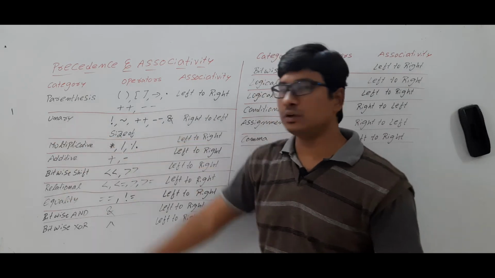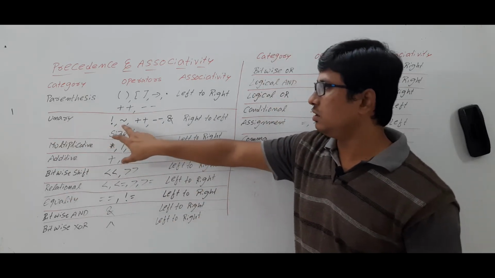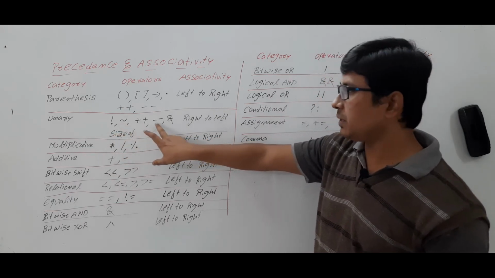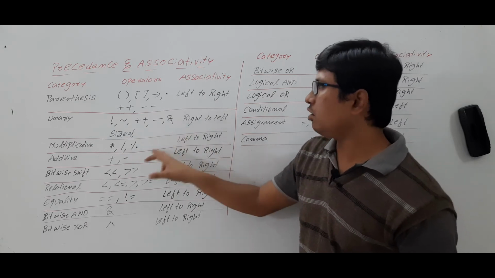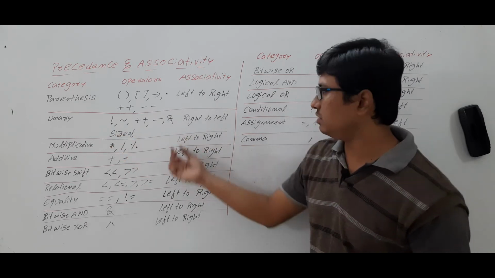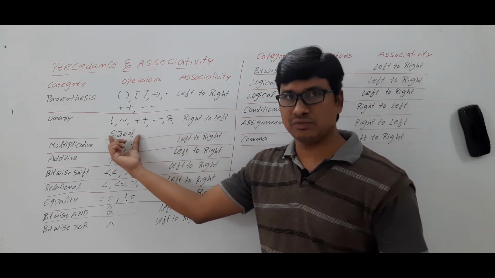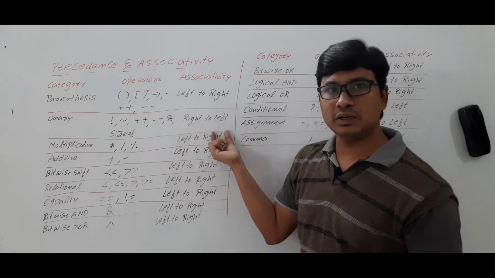Then you have the unary operators, there you have the logical not. Okay, you have the bitwise not, you have the pre-increment and pre-decrement, you have the AND operator, and you have the sizeof. This one is the address operator. Already we have discussed the sizeof. Okay, whereas for this one the associativity is from right to left.